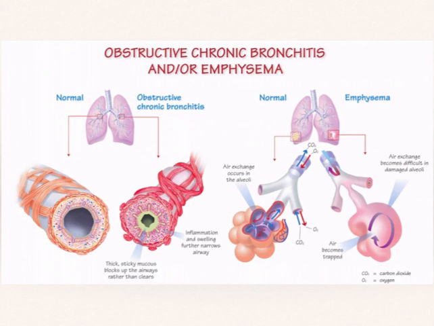With chronic bronchitis, they tend to have more mucus in their airways and a lot of swelling, and it tends to occur more by the bronchial area, whereas emphysema tends to take place more at the alveolar level, where they don't get good airflow coming out of the alveoli, and it becomes trapped in there.